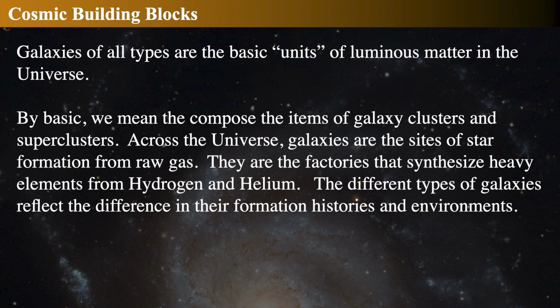And where you find star formation in the universe is in galaxies. Star formation doesn't occur outside of galaxies. Star formation only occurs in galaxies. Therefore, galaxies are the place where heavy elements other than hydrogen and helium are formed in the entire universe.